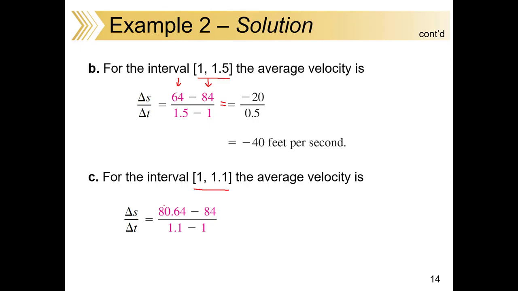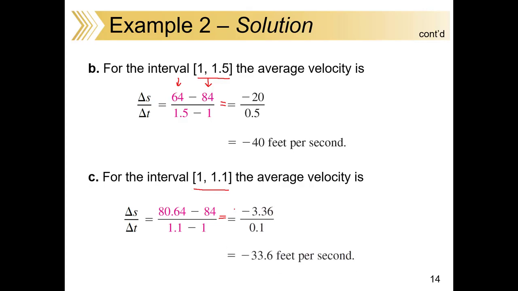Second, we'll get the distance values, 80.64 minus 84. Notice again, the 80.64 and the 1.1 go together, the 84 and the 1 go together. We're ready to do a little bit of arithmetic. There we go with the subtractions.